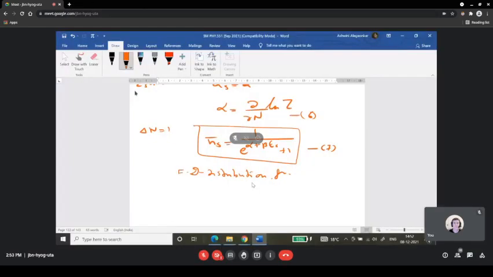In this relation, this alpha is determined from the condition of normalization. So alpha is determined by summation over nr, which is equal to n.